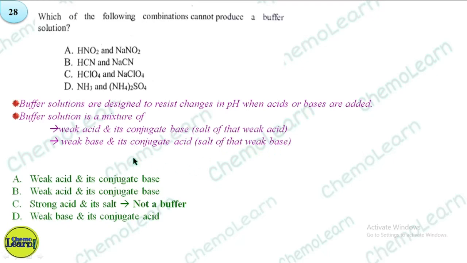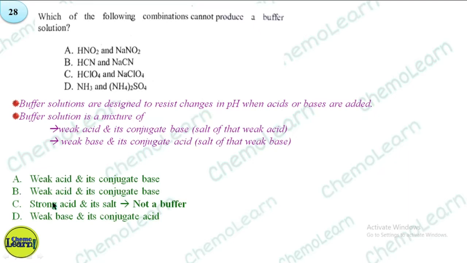In option A we have HNO2, which is a weak acid, and also NaNO2, its conjugate base. So it is a buffer solution. In option B we have a weak acid and its conjugate base, HCN and NaCN, so it is also a buffer solution.